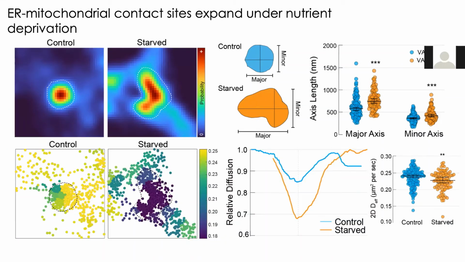One thing that's notable, though, is although the contact sites do get significantly larger in this context, they also have some physical changes in their dynamics. So you can see here, we've mapped the relative diffusion of a representative contact site in a normal cell versus one that's been nutrient deprived. And you can see there's a significant reduction in the diffusion coefficient within the contact site in the nutrient deprived cell. And you can see that more clearly here, where I've drawn lines through these two contact sites to map what this looks like.